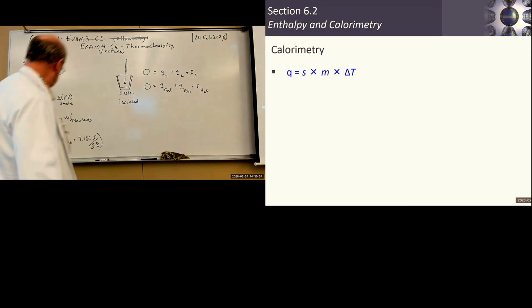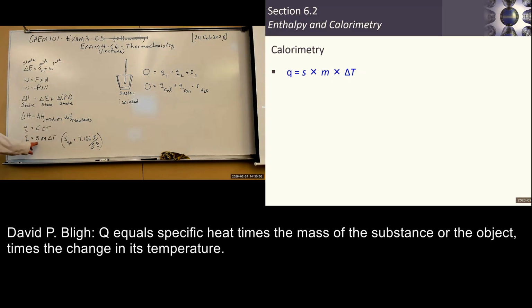So here's our equation. Q equals specific heat times the mass of the substance or the object times the change in its temperature.